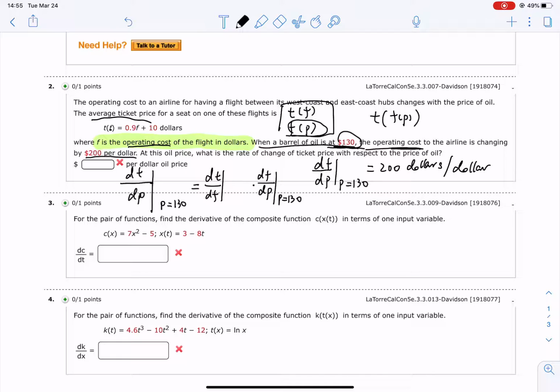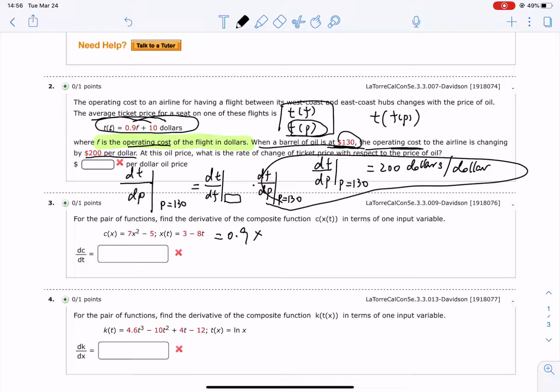For the first one, even though we don't know the value of f, it's okay, because let's go back to T of f. You can see this is a linear function. For a linear function, the derivative is a constant number. So no matter what the value of f is, the derivative dT df is always 0.9. So we have 0.9 multiplied by the derivative of the second part, which is given. Then we are done.